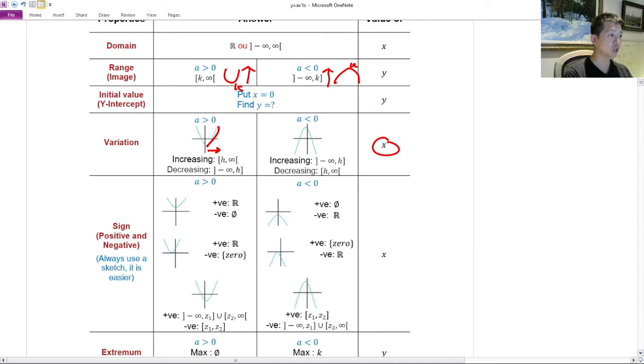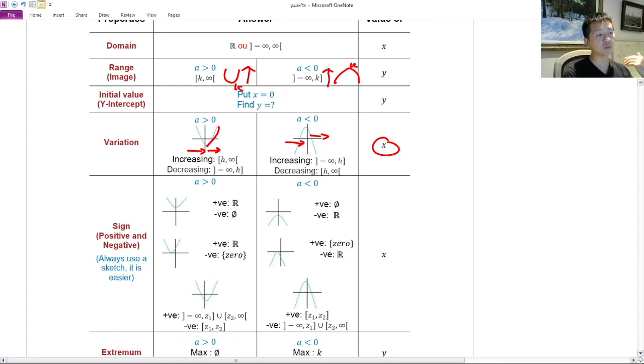So from H to infinity is increasing. From minus infinity to H is decreasing. So it will be the reverse when it's opening downward. Okay, increasing is from minus infinity to your H, and decreasing is from the H to infinity.